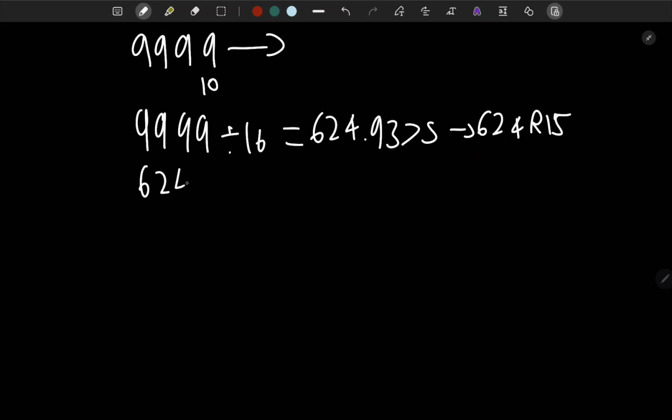Now 624 divided by 16 is 39. Remainder is 0 this time.